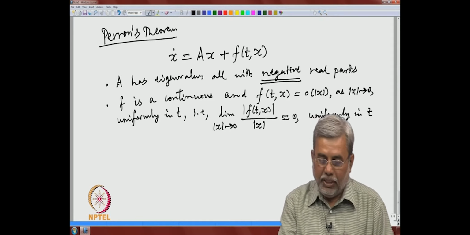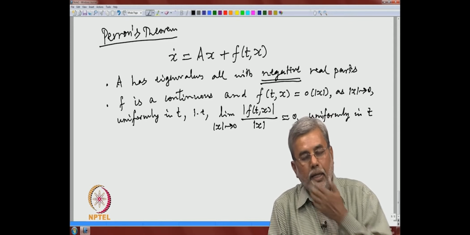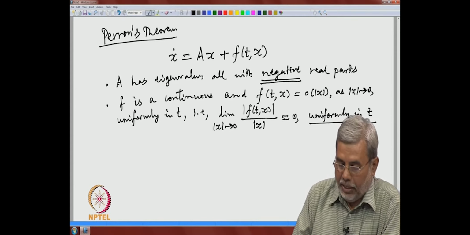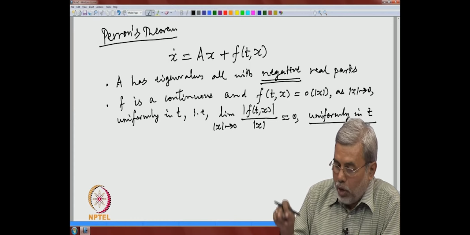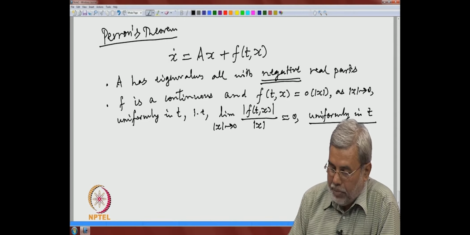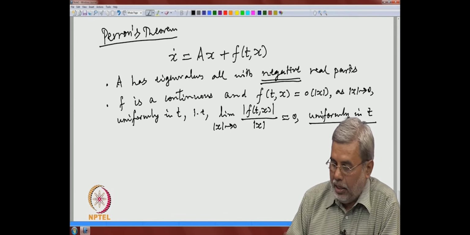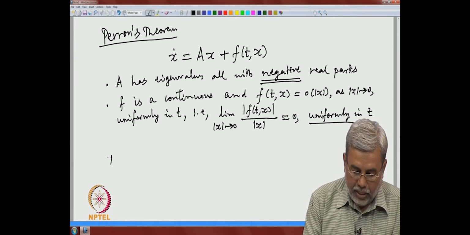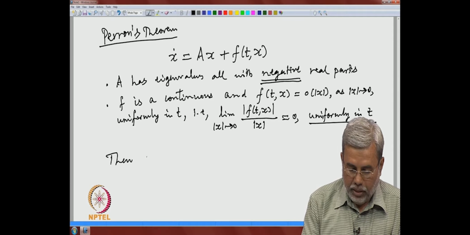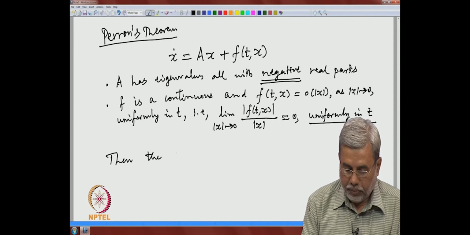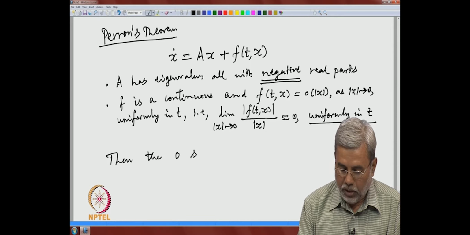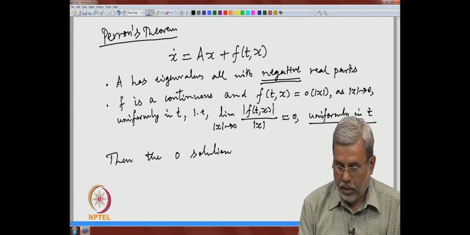That means this limit process does not depend on t, that is uniformity. The usual epsilon and deltas that appear in the definition of this limit do not depend on t. That is what is meant by uniformly in t. Then the 0 solution is asymptotically stable.